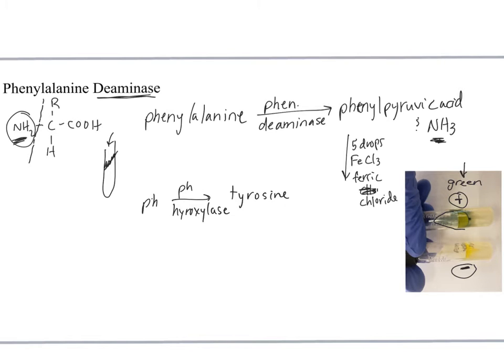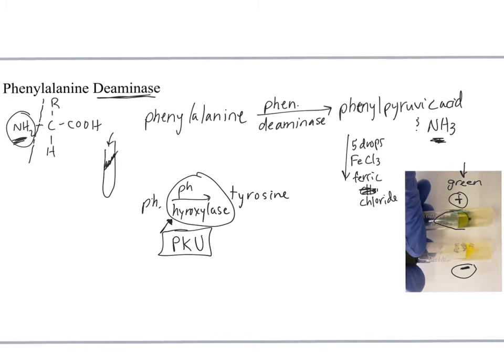If we as humans can't make this enzyme, what disease is it called that we have? And I'll give you a hint, babies are tested for this almost as soon as they're born. It's called phenylketonuria, PKU, if humans are deficient in this enzyme that breaks down phenylalanine.